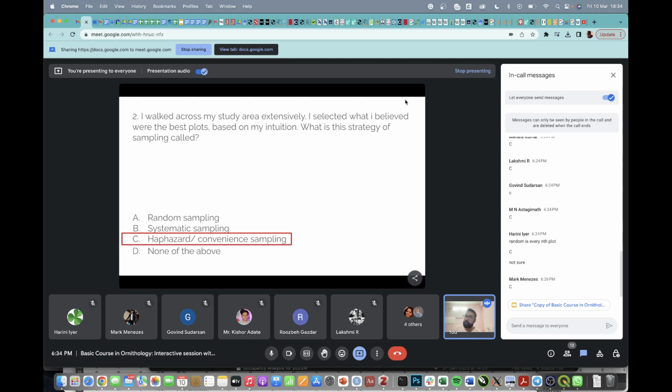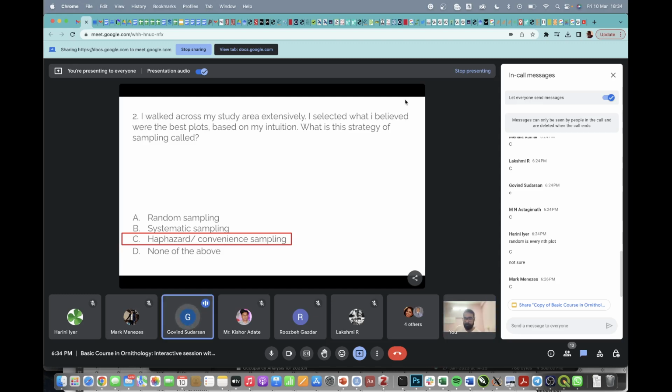Suppose you don't want to do an edge survey, since edges have a different kind of species, and all you want to do is survey only in the core of the forest patch. Then probably random sampling is much better for you than systematic sampling. That's just one way of saying it. I hope you got it.